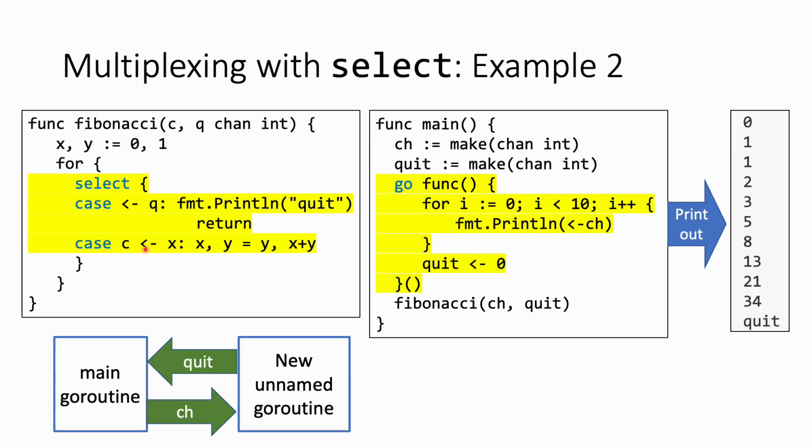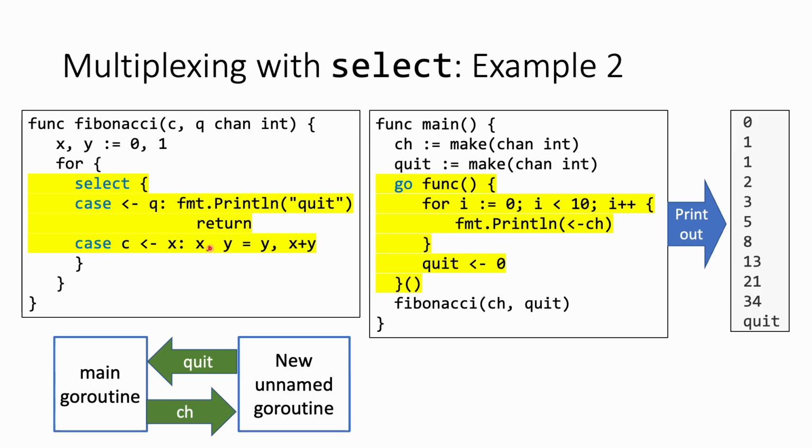And when this case is ready, it will calculate the next two Fibonacci numbers and store them in variable x and y. The code here ensures that variable y always stores the Fibonacci number after the one stored in variable x.